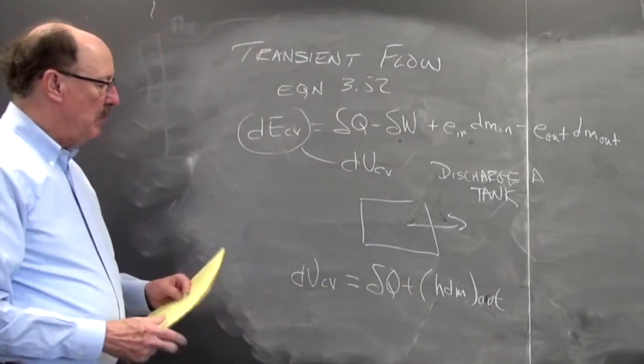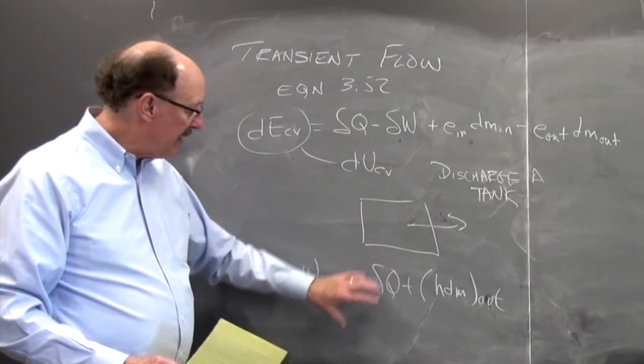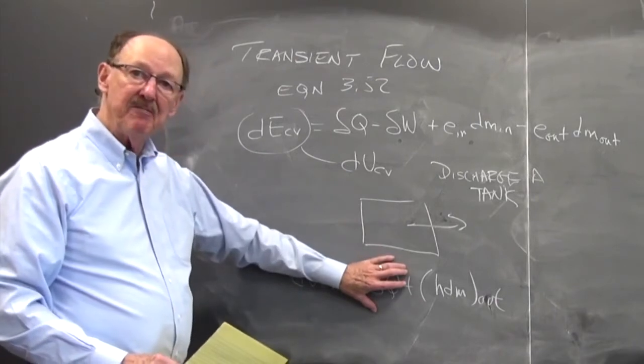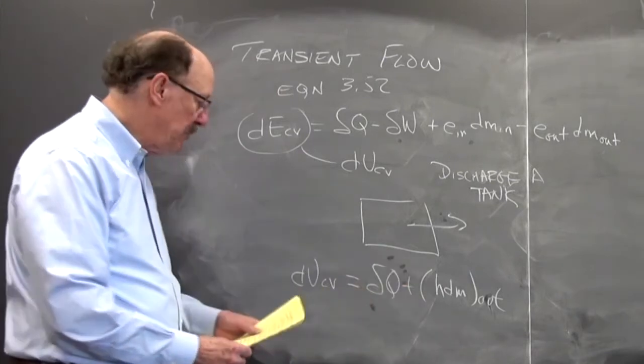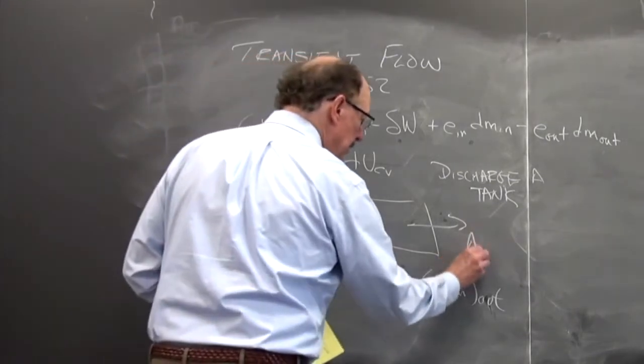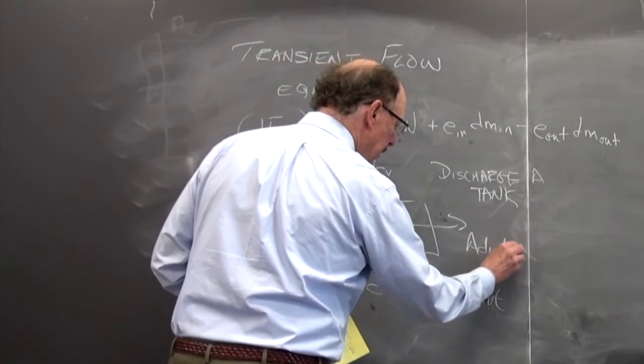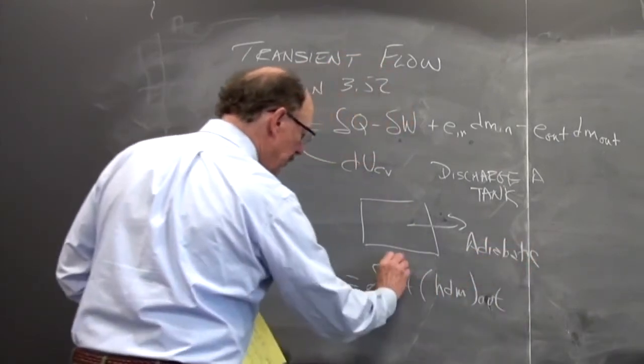And now what we typically do is have this be adiabatic. To find delta Q, we can't find it from first law considerations. I need additional information. So typically we say that it's adiabatic. And I get rid of that.